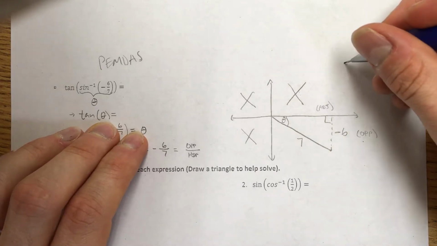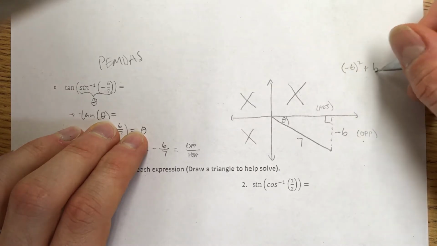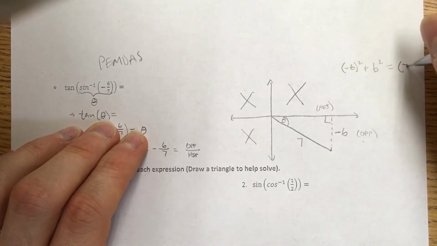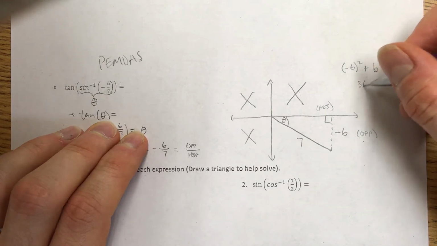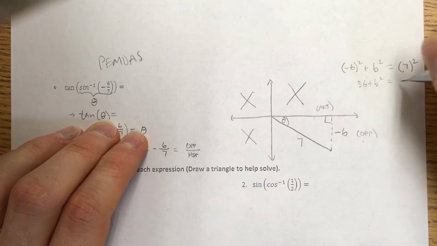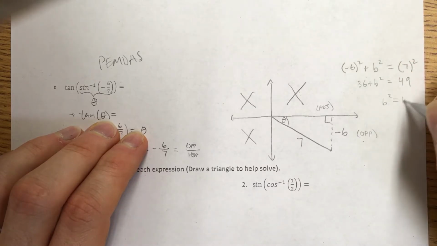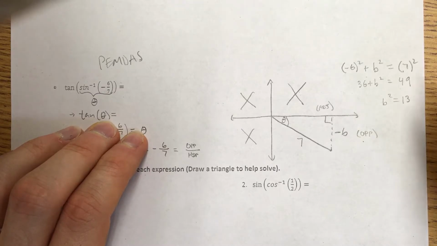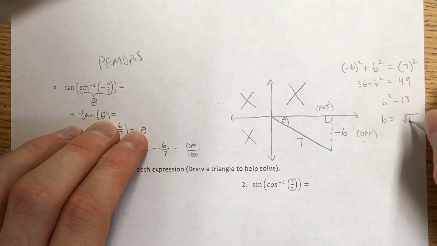So with Pythagorean's theorem, it would be -6 squared plus b squared equals 7 squared. 36 plus b squared equals 49. Subtract the 36. And if we take the square root of both sides, we would get b equals square root of 13.